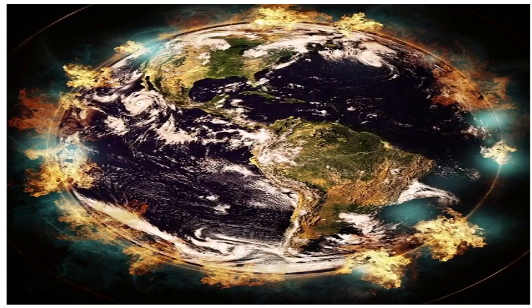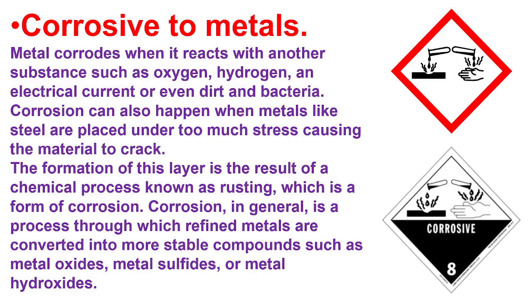Corrosive to metals. Metal corrodes when it reacts with another substance such as oxygen, hydrogen, an electrical current, or even dirt and bacteria. Corrosion can also happen when metals like steel are placed under too much stress, causing the material to crack.